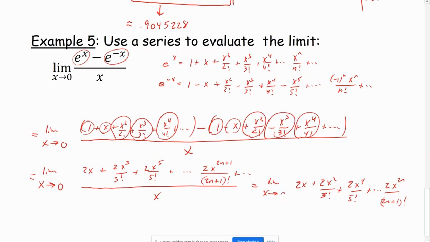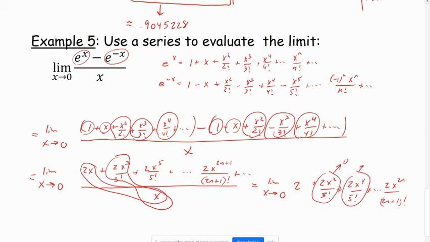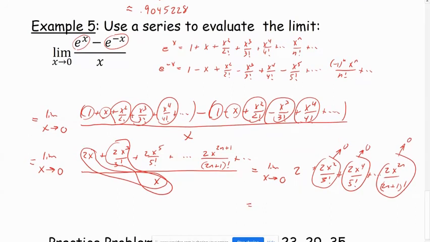And so this first term when we divide by x just becomes 2, because 2x divided by x is 2. And then we divided this term by x, and we got 2x squared over 3 factorial. And so as x approaches 0, this term approaches 0, and all these terms still have x's, so they approach 0. And so we're just simply left with 2. So this limit is equal to 2.